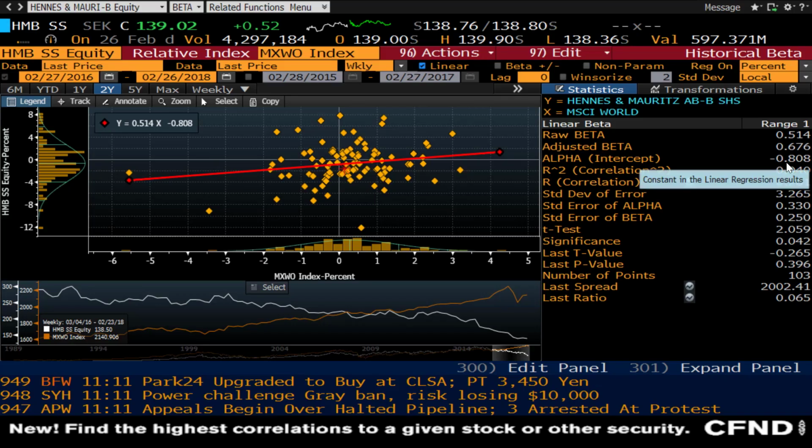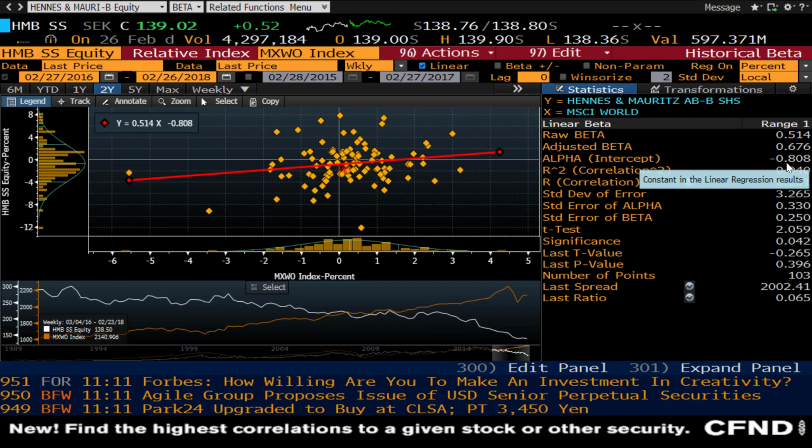You always need to consider the standard error in relation to the raw beta. If the standard error is 0.25 and the raw beta is 1, then this would be 0.5 to 1.5. To me, that's slightly better than 0 to 1. But there's no real general guideline.